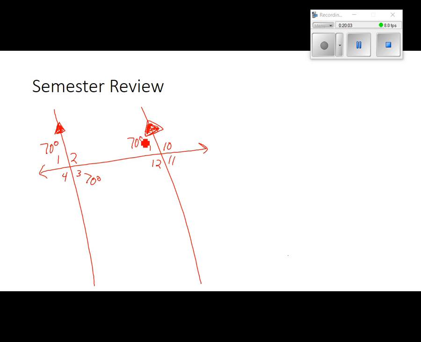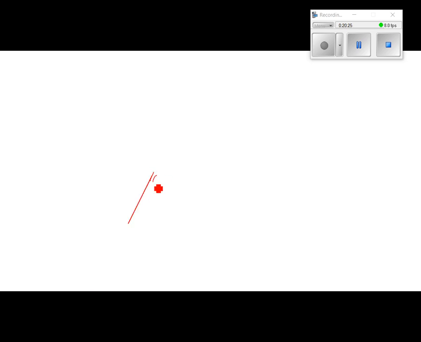Then what? 11 is 70. Remember? 2 is what? 110, everybody agree with that? What else? 4 is 110. 10 is 110. 12 is 110.